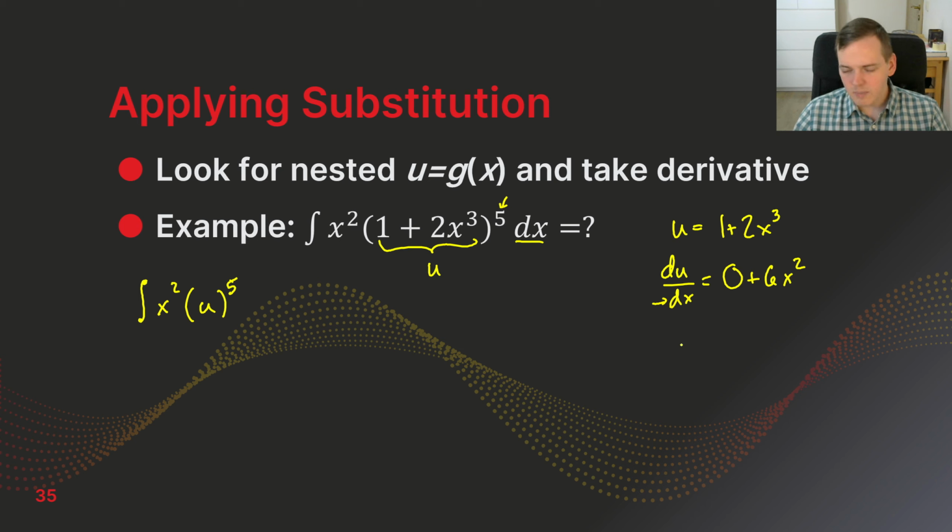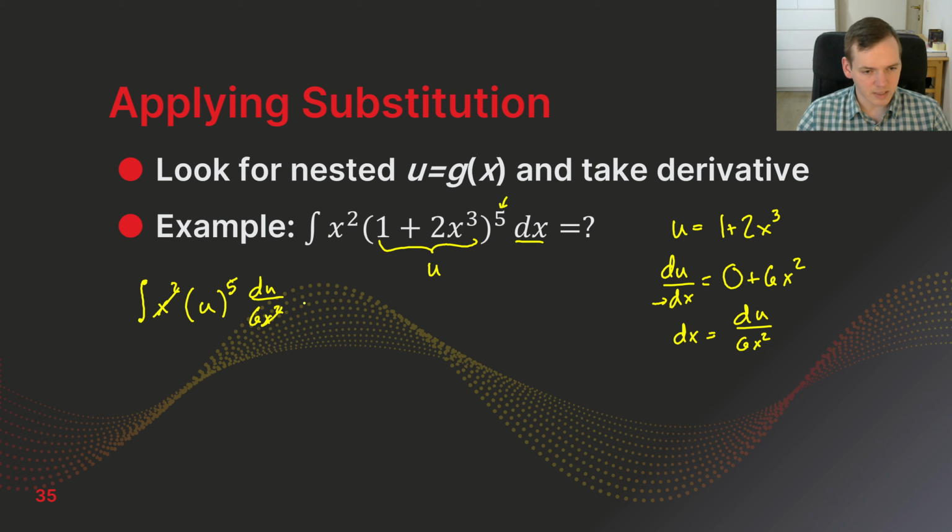What that ends up giving me is dx is equal to du divided by 6x squared, just by algebraically manipulating back and forth. And that gives me over here du over 6x squared.